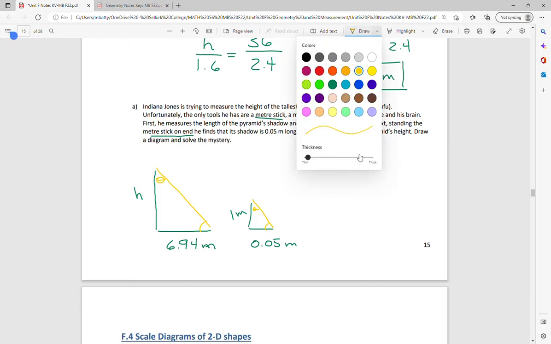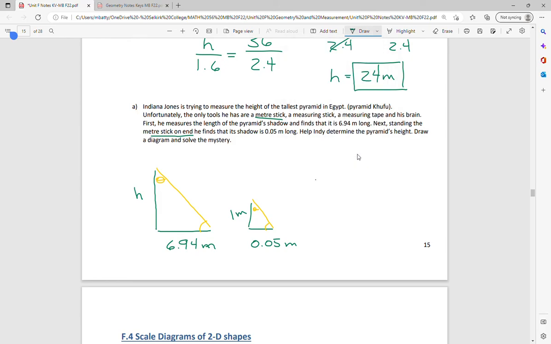So setting this up as a proportionality statement, because they are similar, the height of the pyramid over the height of the ruler would equal the length of the shadow over the other shadow that is made. And so setting this up using your calculator, 1 times the 6.94 divided by 0.05, or take your time to show the work. Regardless, you'd end up with the same spot of 138.8 meters for Pyramid Khufu.